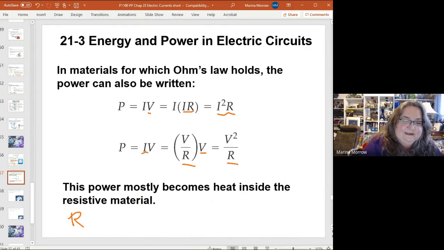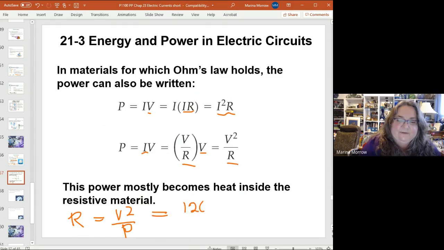So the resistance is going to equal the voltage squared divided by the power. And my voltage was 120 volts, which is going to get squared.